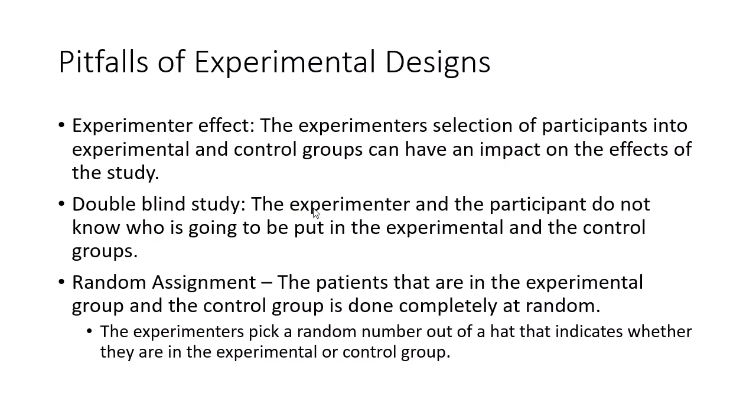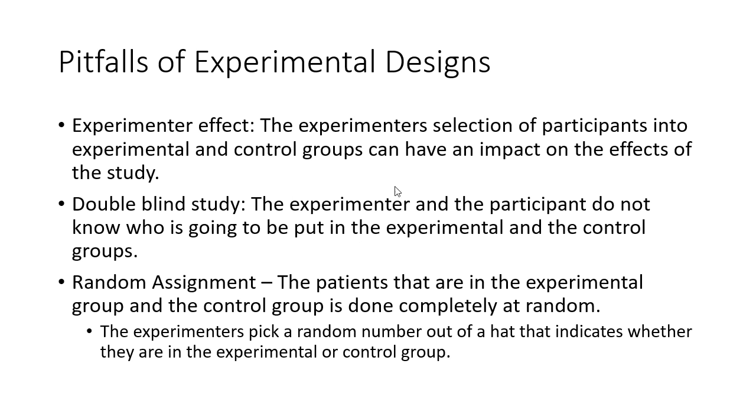So the participants in the study, if they know they're getting the treatment, that can also affect the results of the study, right? So you have to do this thing called the double blind procedure, and it's basically the idea that they hire a third party, and the third party randomly assigns participants to the control and the experimental group.